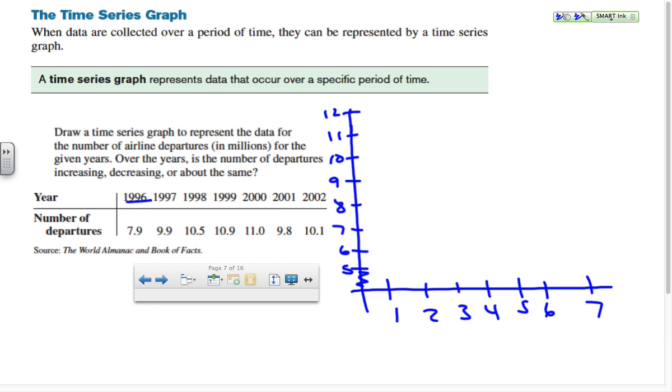So now I'm going to do dots of all the ones that I have. So year 1, I'm right under 8. Okay, year 2, I'm almost at 10. Year 3, I'm at 10 and a half. Year 4, I'm at 11 and a half.